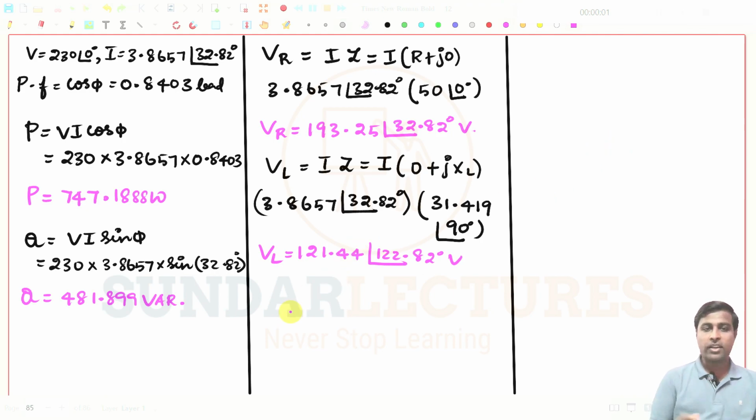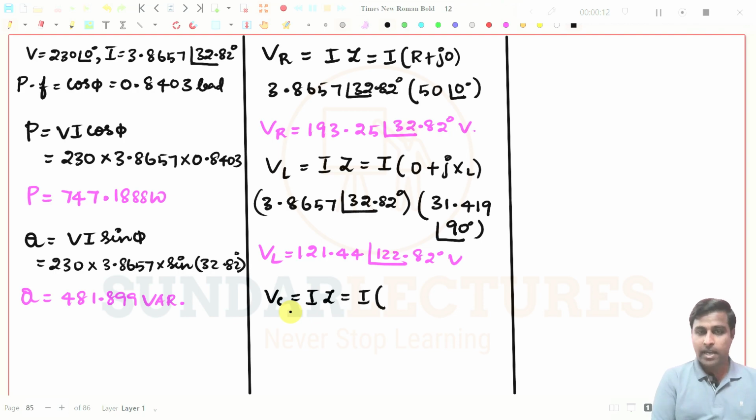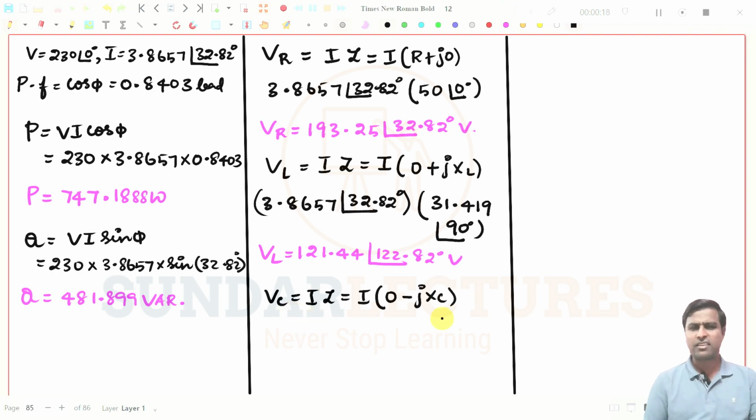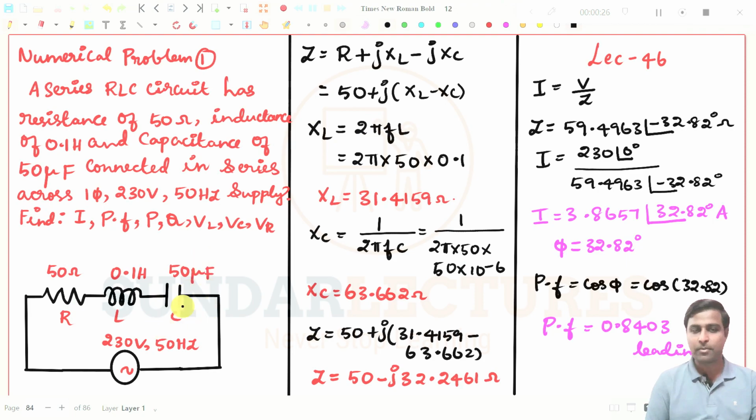So next one, we have to go for VC. If you are going for VC, I am just writing it as I into Z, and in this Z it will be I into 0 minus jXC. That's all. Simply you have to put minus jXC since there is no resistor. I'm not going to consider the XL value. Only I have to consider the XC since I am going to get the voltage across this capacitor.